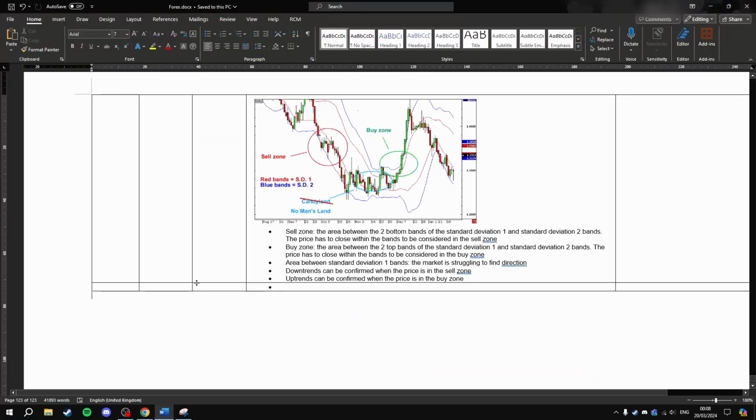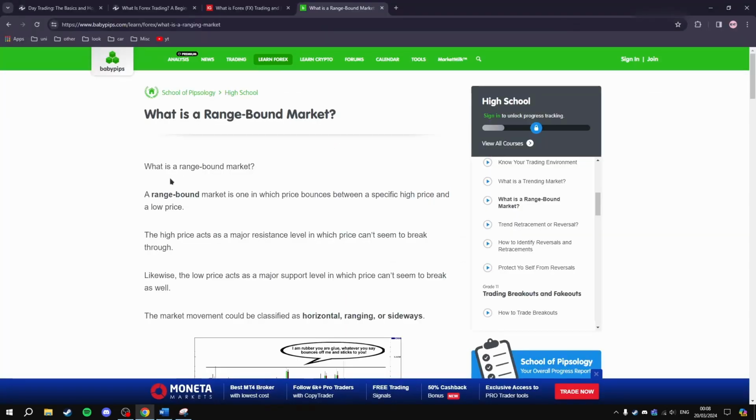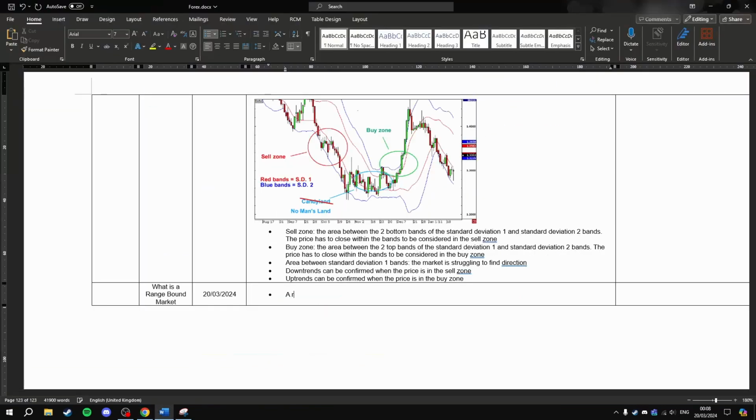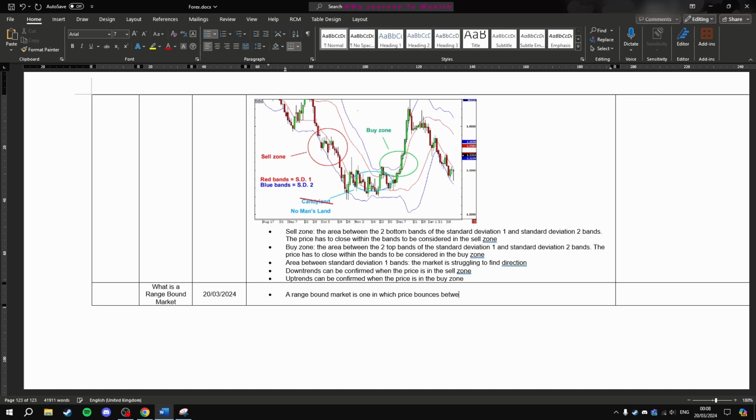What is a range-bound market? A range-bound market is one in which price bounces between a specific high price and a specific low price.